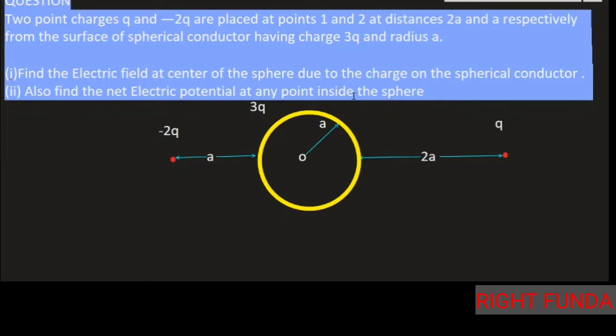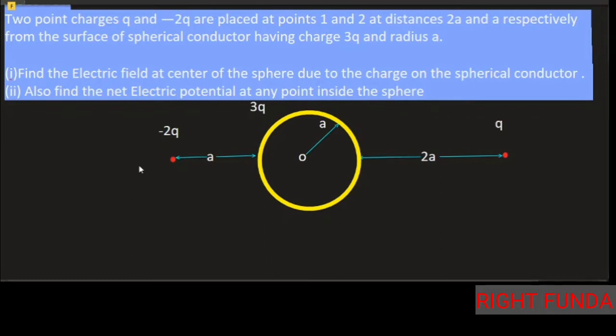The question is asking, find the electric field at the center of the sphere due to the charge on the spherical conductor. And also find the net electric potential at any point inside the sphere.